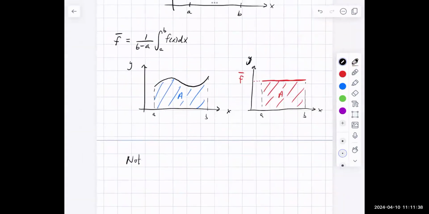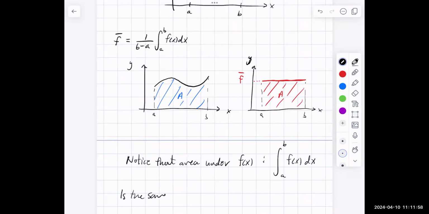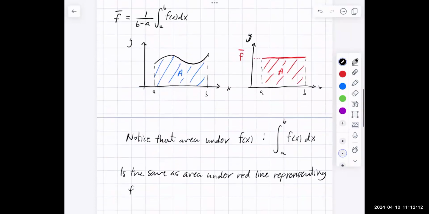So let's notice that the area under f of x, which is given by the integral of f of x dx from a to b, is the same as the area under the red line representing f average.